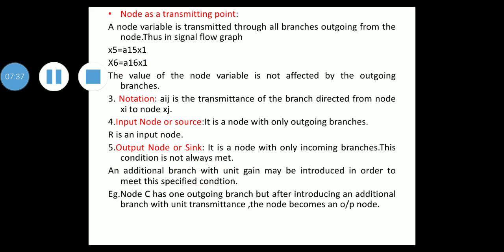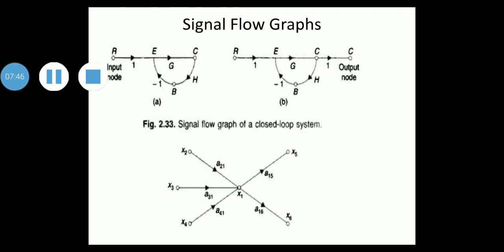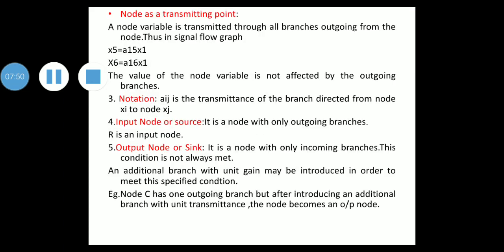Next we'll see the output node or sink. It is a node with only incoming branches. This condition is not always met. An additional branch with unit gain may be introduced in order to meet the specified condition.